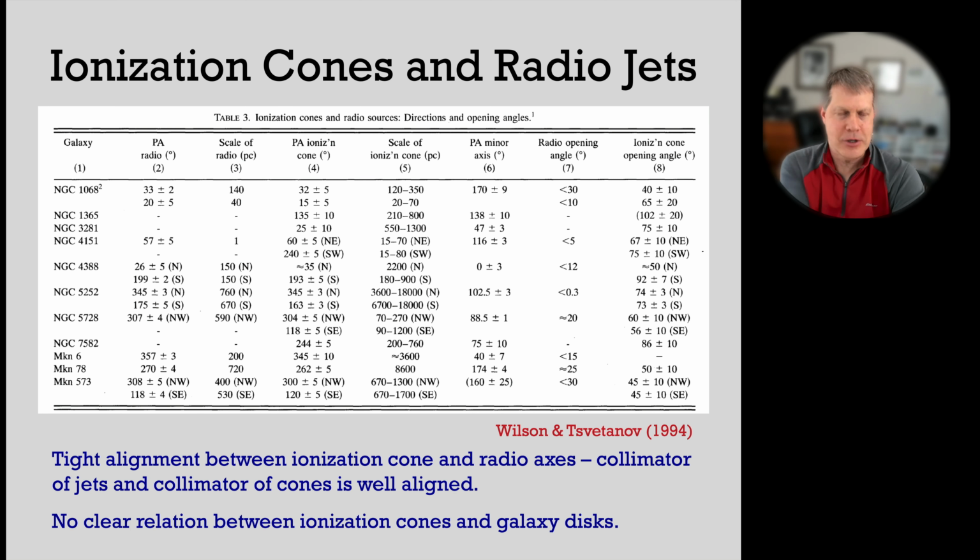Oftentimes you see active galaxies that are tipped over on their side relative to the disk. Sometimes you even observe systems, one of the famous maser disk systems is in fact counter-rotating compared to the direction of the galaxy. And so the point here is that there is no clear relation between the ionization cone orientation and the galaxy disk orientation. So that tells you that on those scales there isn't much maintenance of alignment, whereas on these smaller scales, the degree of alignment is remarkably well maintained, which is quite interesting.